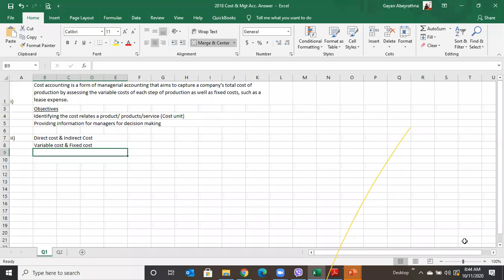Ashmita, Fatima, Ahmida, Soumya, Kavinta, tell me, what are the ways of classification of cost? Please talk, or at least message. Otherwise, this becomes meaningless.